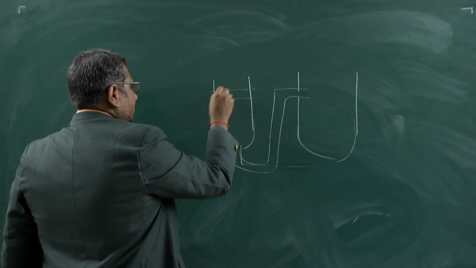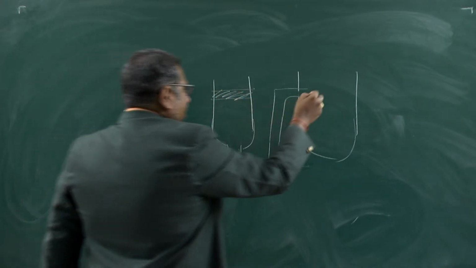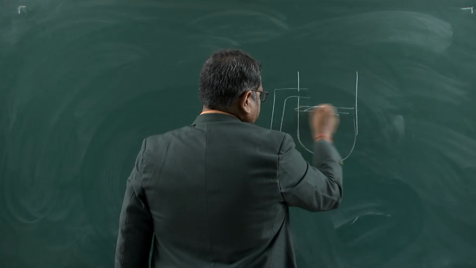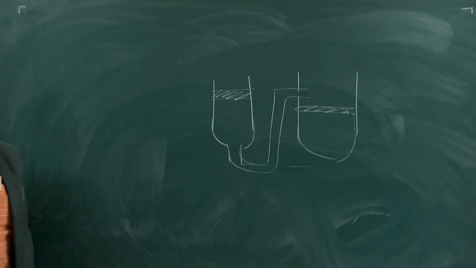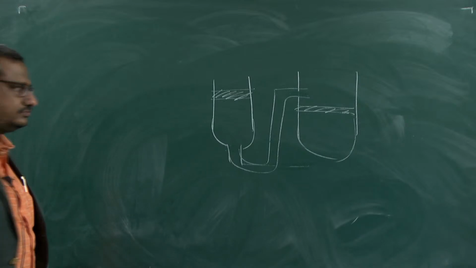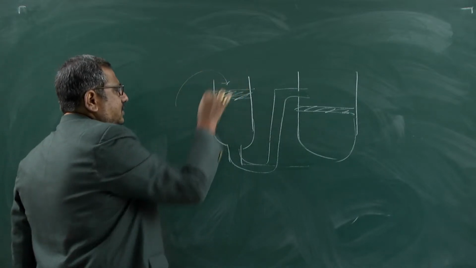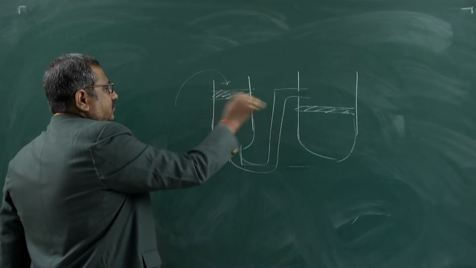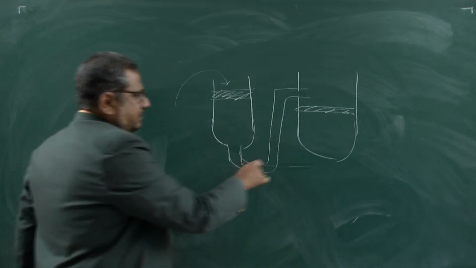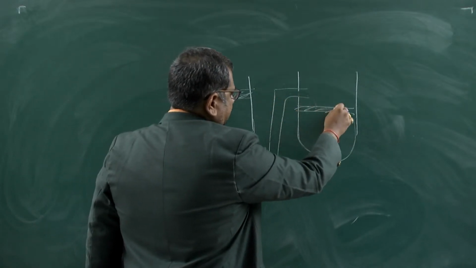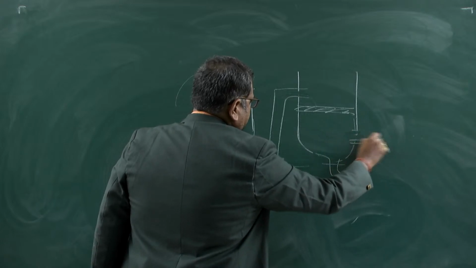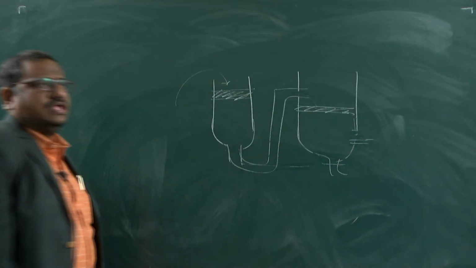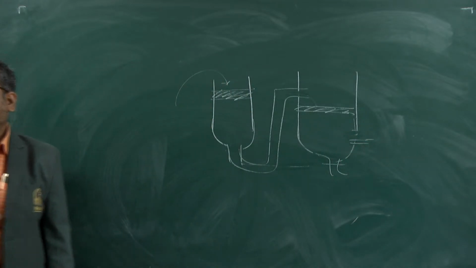Here one bed is present, and here another bed is there. One is the cation chamber, another is the anion chamber. When we pass the hard water here, all cations are filtered off, and when we pass this water here, all anions are filtered off, and we can collect the pure water, that is H2O. So here is the adsorption phenomenon.